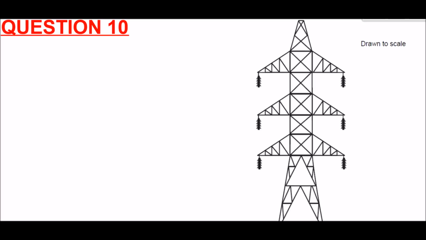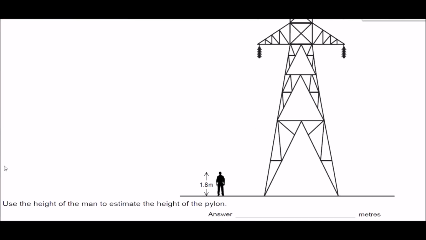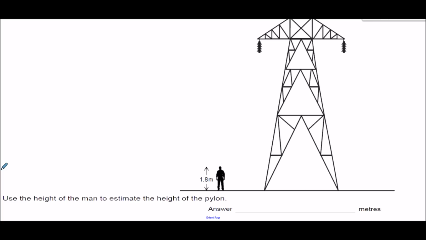Question 10, we've got a massive pylon to be looking at. The crucial information for this question is that it's drawn to scale. So it's so big I couldn't even fit it onto this page. The main thing is the diagram's drawn to scale, and what we've got down here, if we just scroll down, a man who looks tiny in comparison, and we have to use the height of a man to estimate the height of a pylon.